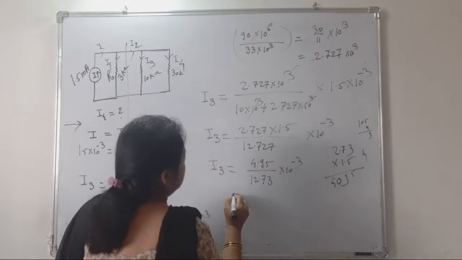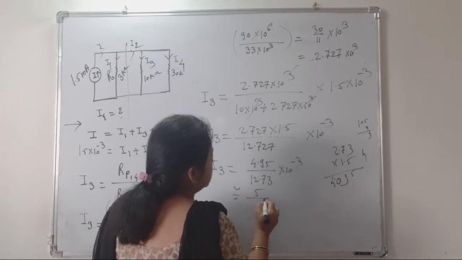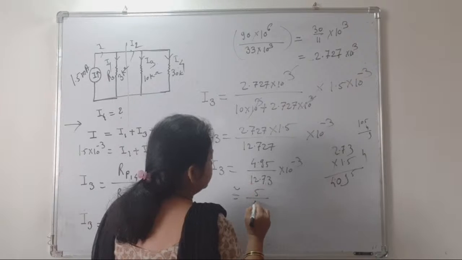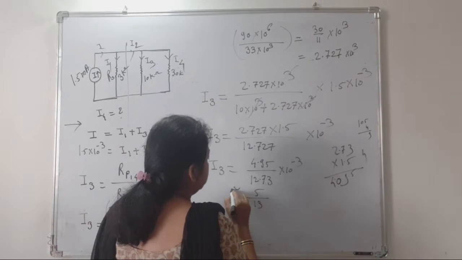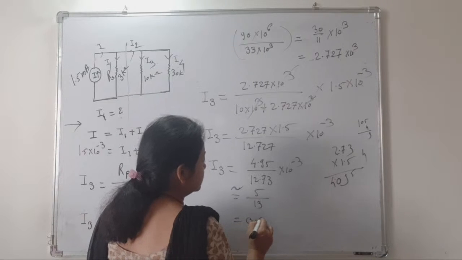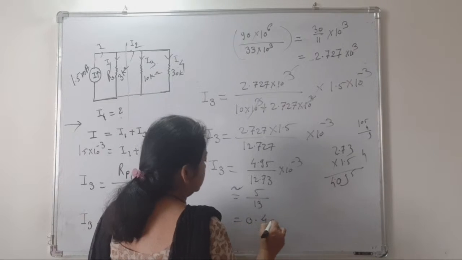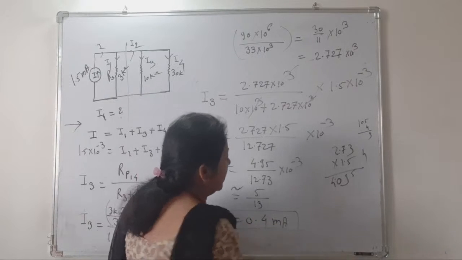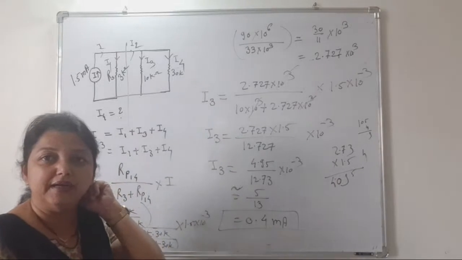Suppose this is near about 5 upon, suppose, 13, approximate calculation, which is 0.4 milliampere. I3 is near about 0.4 milliampere.